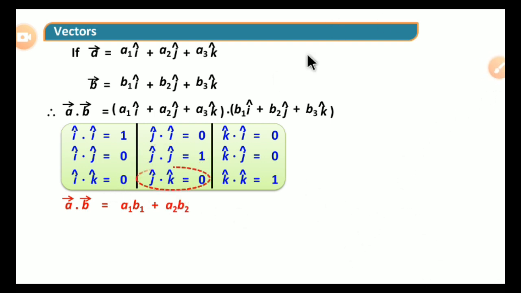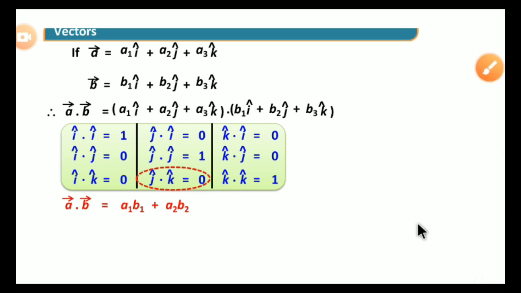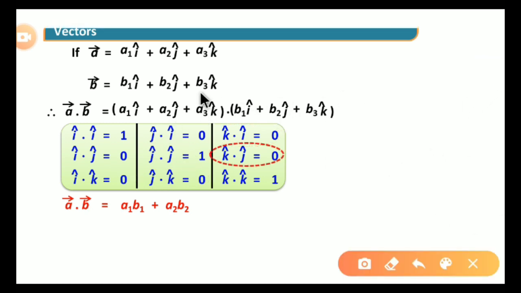And the next one, a2 and b3. Here we have j dot k, which is 0, so we can't take that term. Next, a3 dot b1: k dot i is also equal to 0. Similarly a3 b2 has k dot j, which is also equal to 0.